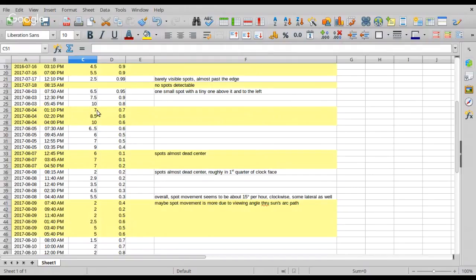Next day, it went from 7 to 8:30 to 10. It was a little bit closer toward the center, and so on. You can see I've been keeping these movements. A couple days ago, it was almost dead center. It was hard to figure which hour it was at because it was so near the center.